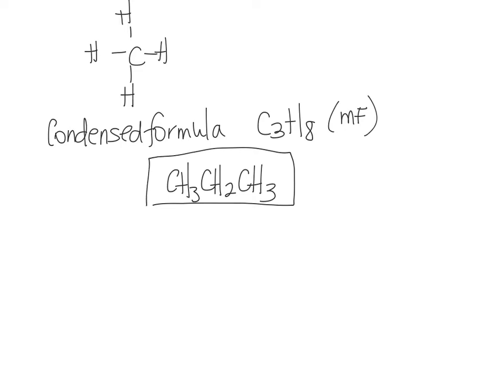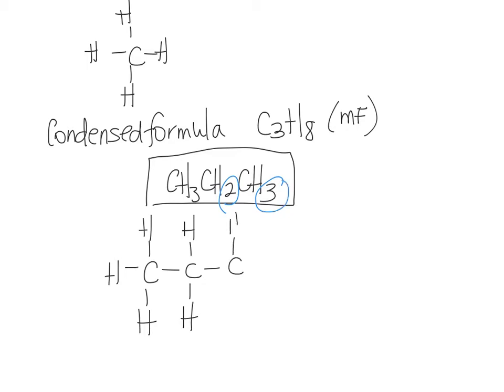And what that's telling us is that the first carbon has 3 hydrogens bonded to it. It's bonded to the second carbon that has 2 hydrogens bonded to it. In turn, it's bonded to another carbon that has 3 hydrogens bonded to it.